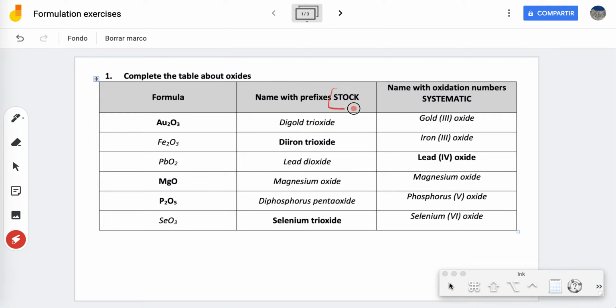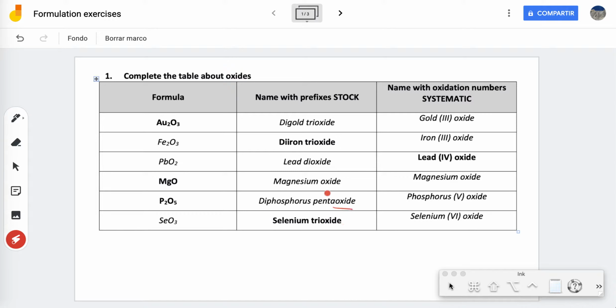Okay, gold. So in the stock nomenclature, we name with prefixes. We have 2 golds and 3 oxygens, because this whole exercise is talking about oxides. So this is a clue about the name we're going to use in the stock. In this case, all of them are going to finish in oxide, oxide, oxide, oxide, and oxide.